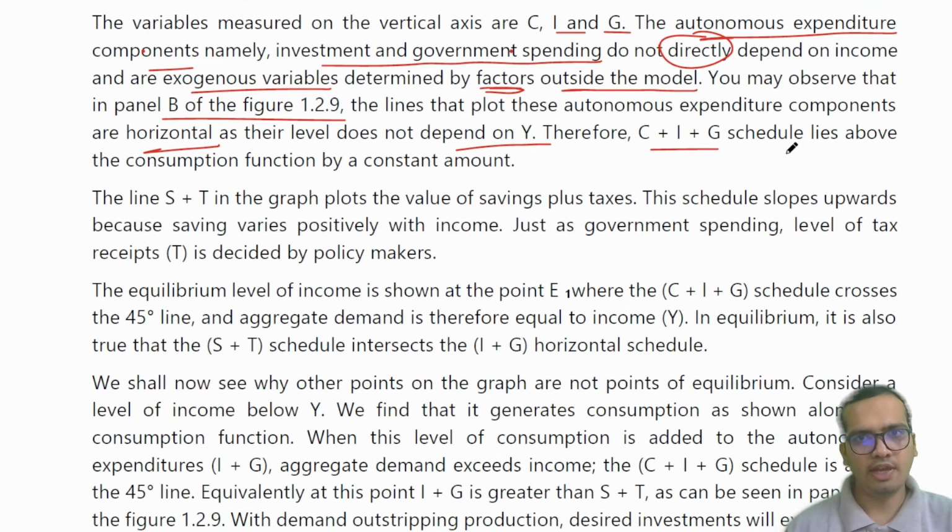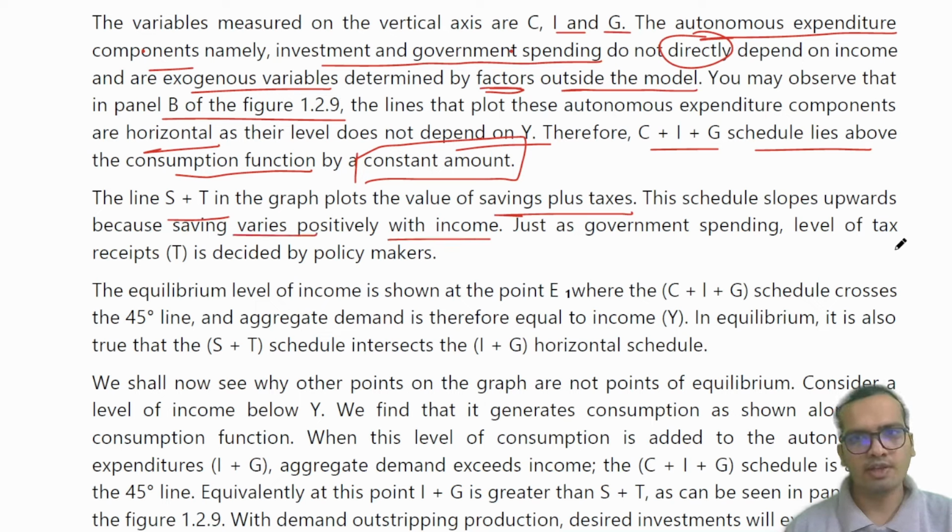Therefore, the C plus I plus G schedule lies above the consumption function by a constant amount. The line S plus T in the graph plots the value of saving plus taxes. This schedule slopes upward because saving varies positively with income. Just as government spending, the level of tax receipts T is decided by the policymaker.